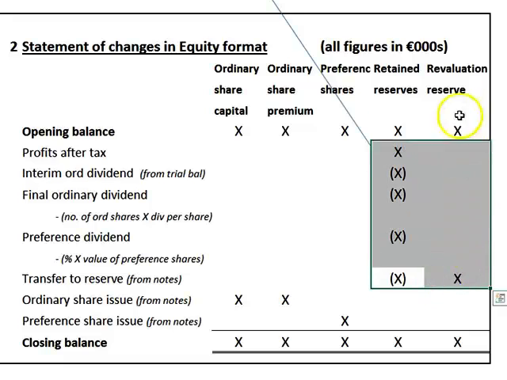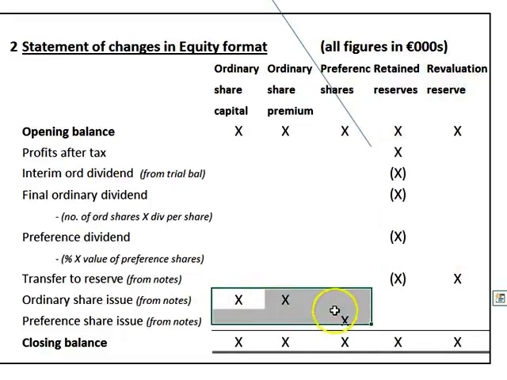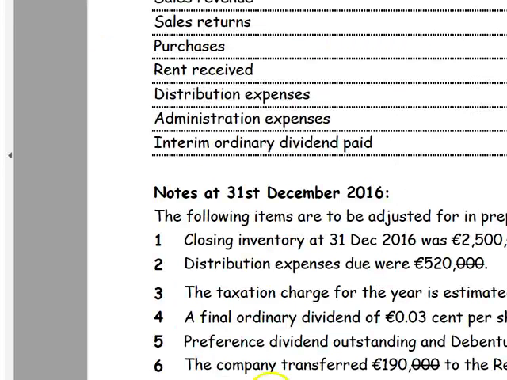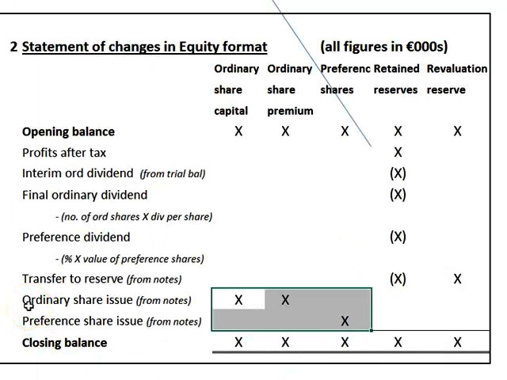So they're the two columns that have been affected. The only way there's an adjustment to ordinary share capital, share premium, or preference shares is if there is a share issue during the year. And in these questions we're doing, there's not going to be any shares issued. So we won't be covering that.